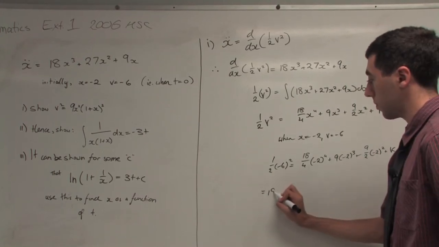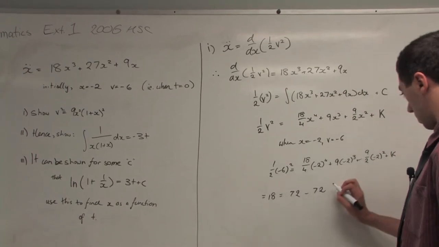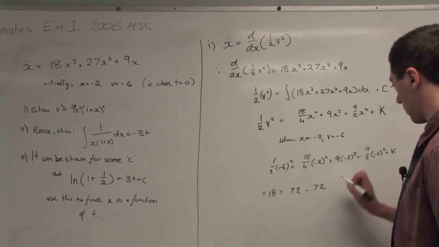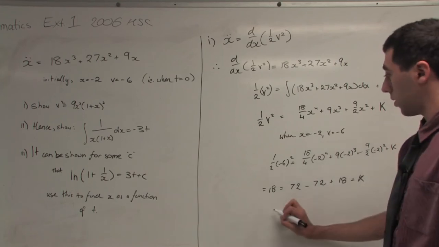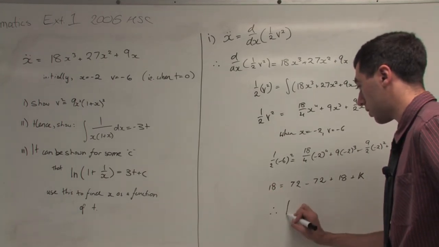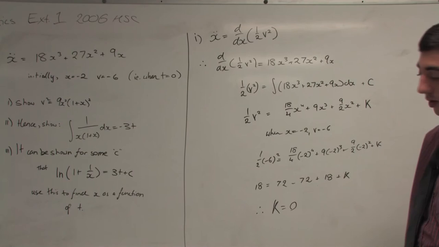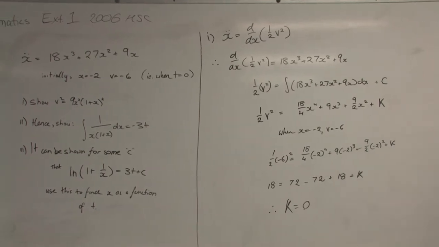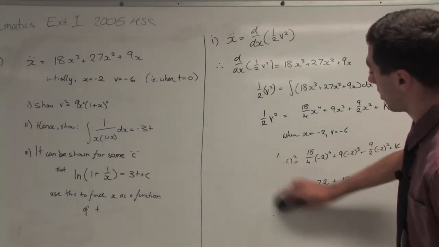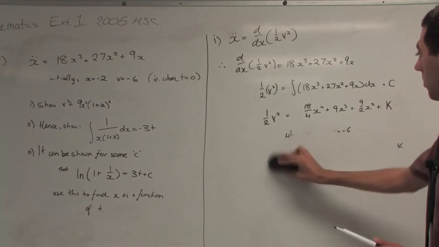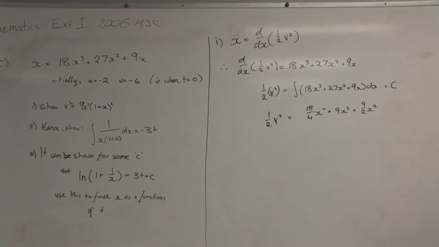This will give us, and then that will be equal to, therefore k is actually equal to 0, since 72 and 72 cancel out and 18 and 18 cancel out too. Alright, so that part of it is done. So now we know that k is equal to 0, so we can take k away.